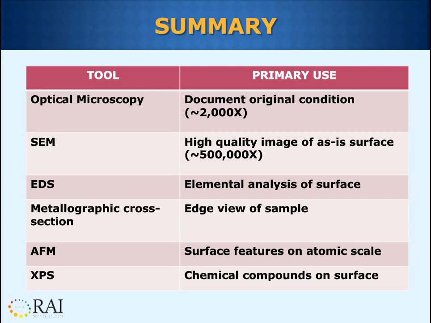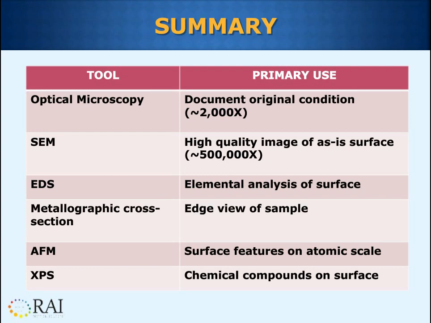This is used in combination with SEM, and the EDS is usually an attachment on a SEM instrument that can give that analysis very quickly. And as I've showed in a couple of examples, it's very useful. If I have a particular spot in the SEM image and I want to know what the elements are, I can focus in on that particular spot and determine the elemental analysis with EDS.